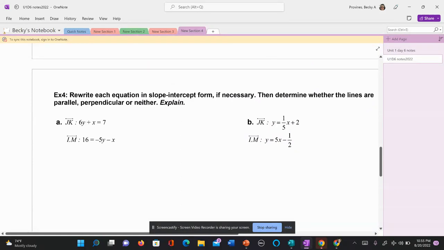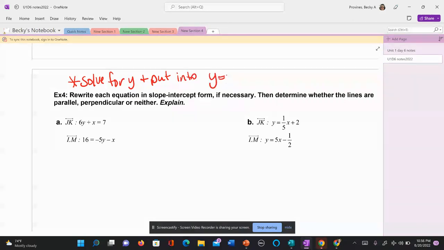Rewrite each equation in slope-intercept form, if necessary, then determine whether the lines are parallel, perpendicular, or neither. Okay, so we need to solve these for y. That's what it boils down to. Solve for y. Let's write that down. Solve for y and put into y equals mx plus b form.